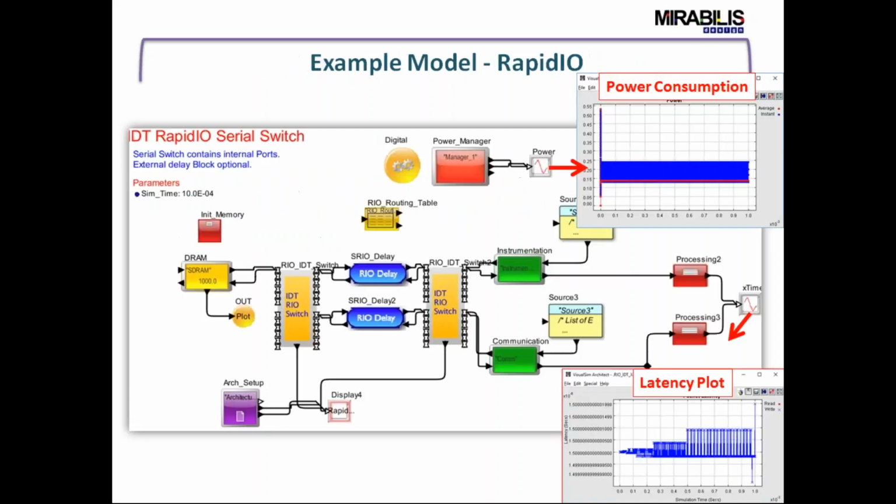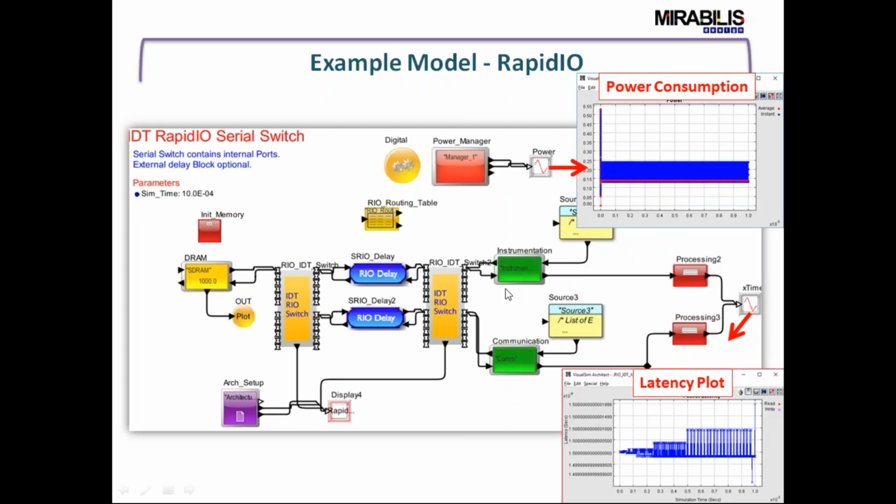Okay. And here's an example of a RapidIO model constructed in VisualSim. The model that you're looking at has two switches configured as IDT RapidIO switches. On the right-hand side you can see an instrumentation card, and we also have one more communication card.